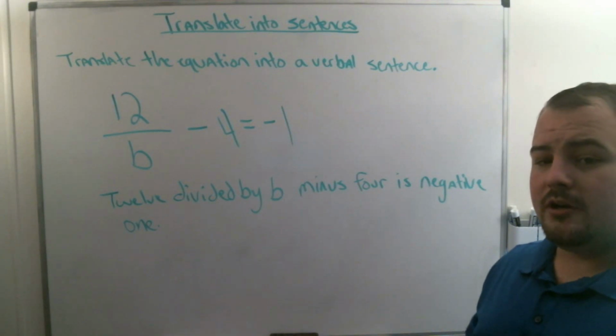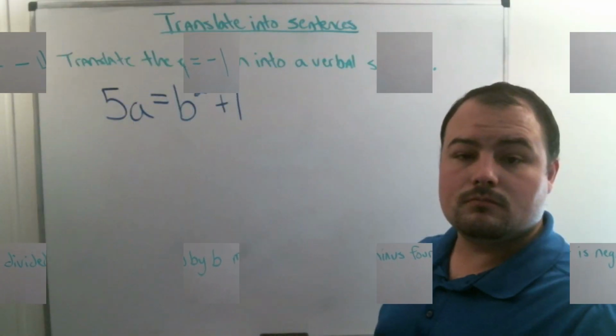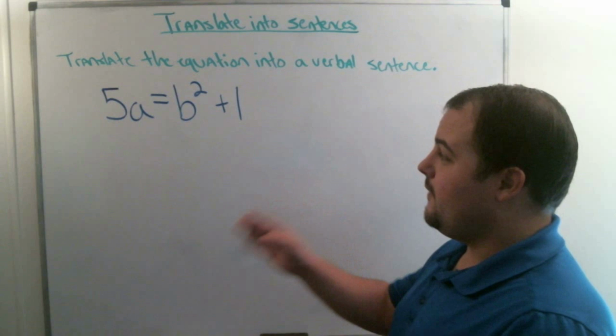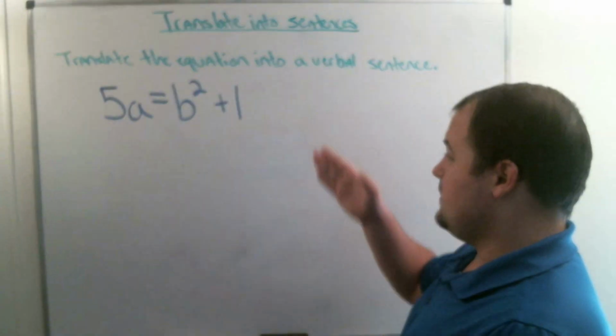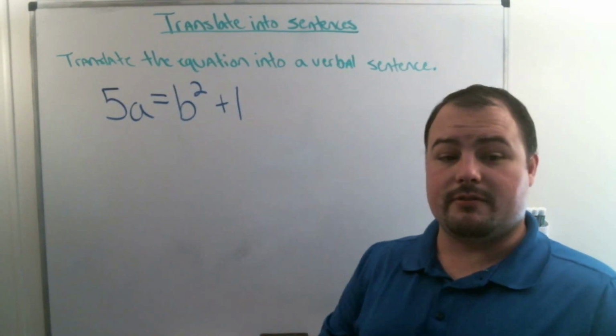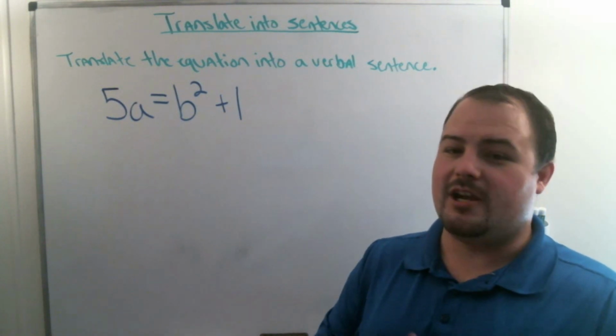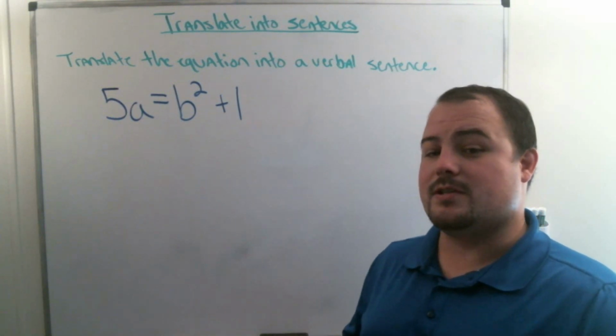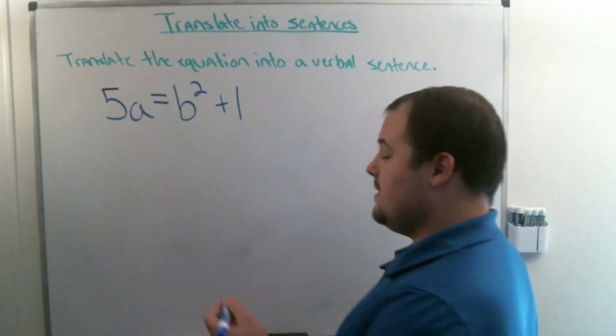So let's practice a few more, and then we'll move on to the last part of the lesson. Alright, so in this one, I have 5a equals b to the second power plus 1. So again, I'm going to write that in words. Remember, any operation I see, I have to physically write down that operation in the sentence.